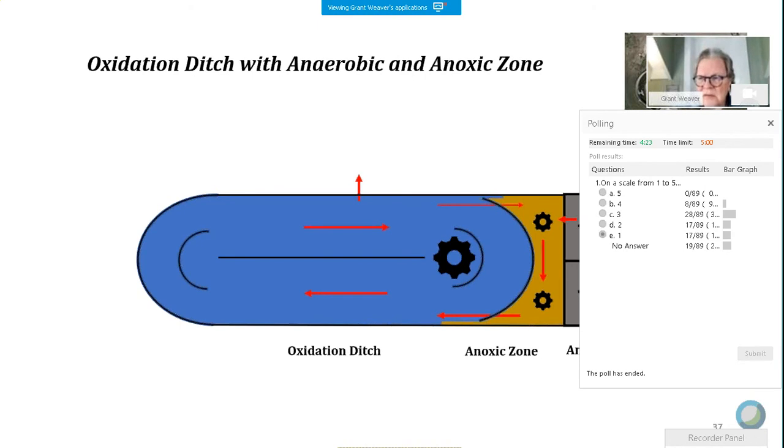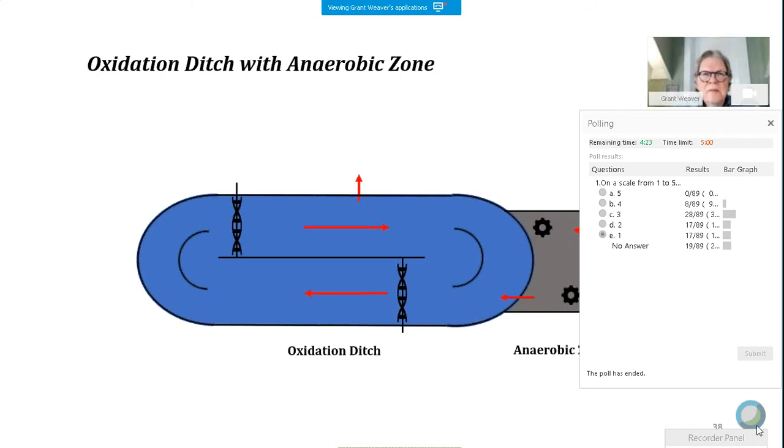Has an anoxic zone, that's the kind of brown colored thing, and an anaerobic zone. So that's a ditch that's designed for both nitrogen and phosphorus. Now the third kind, a ditch with just an anaerobic zone. This is designed for phosphorus removal, not necessarily for nitrogen removal.